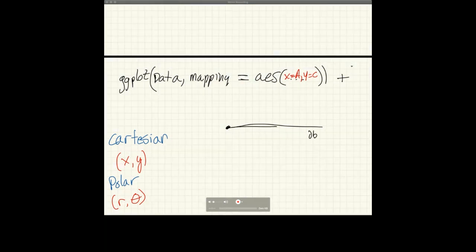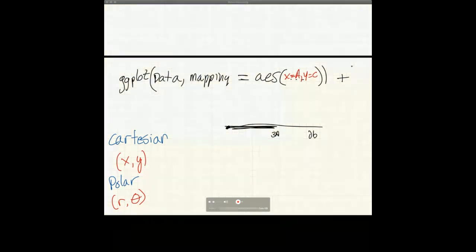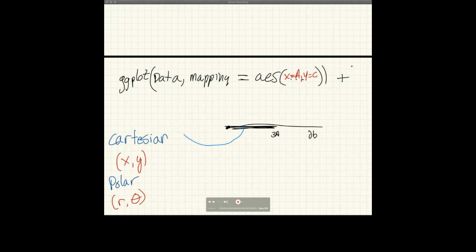So let's say this angle here represents 3 a.m., like it's a clock. At every moment in time, as I go around the clock, at 3 a.m. it's very quiet. And then as it gets later in the morning, it gets louder. And then during the day, it gets really, really loud. And at noon, it's much louder than when we started. And then in the afternoon, it gets quieter throughout the afternoon.